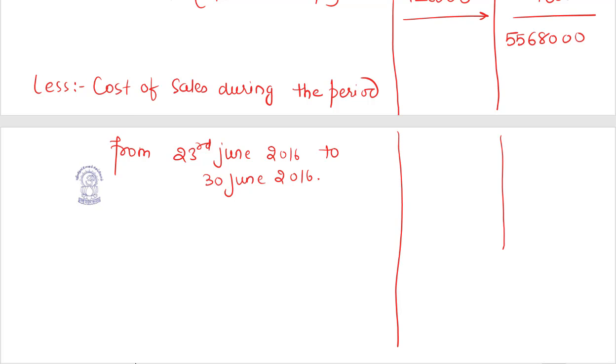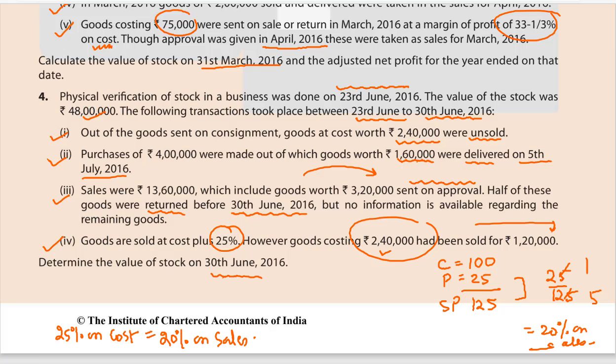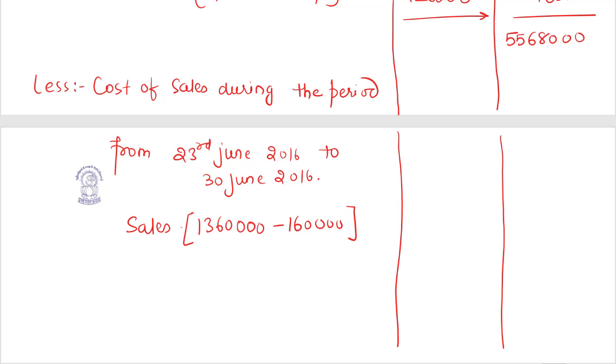Stretch these lines. We need to calculate cost of sales. So we will write the sales figure and deduct the gross profit out of it. The total sale is 13,60,000. Out of the total sales, the 1,60,000 is on approval basis, abnormal. We have deducted it. So 12 lakhs less gross profit.